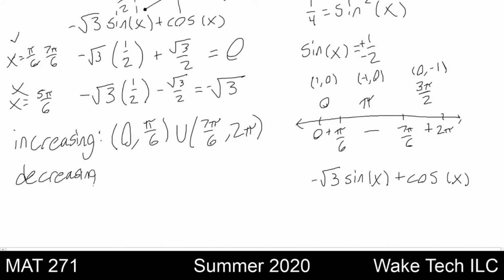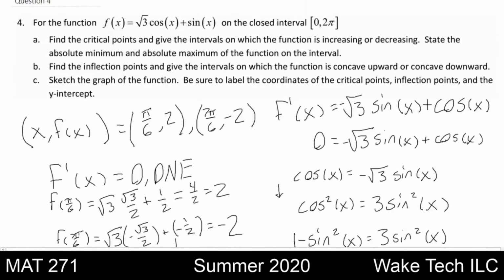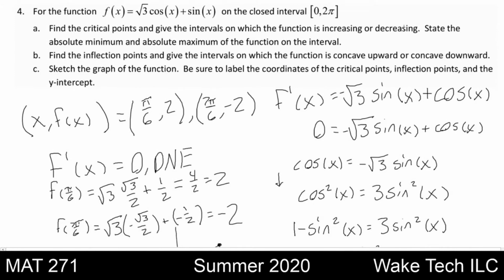Decreasing, forgive my chicken scratch here, pi over 6 all the way to 7 pi over 6. That answers that part of part A.